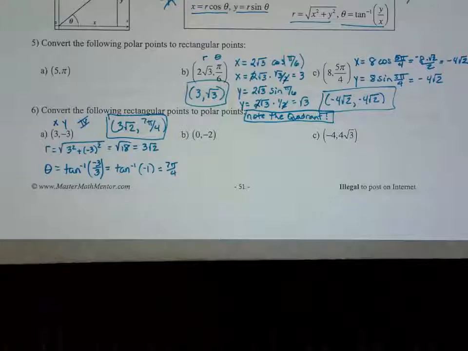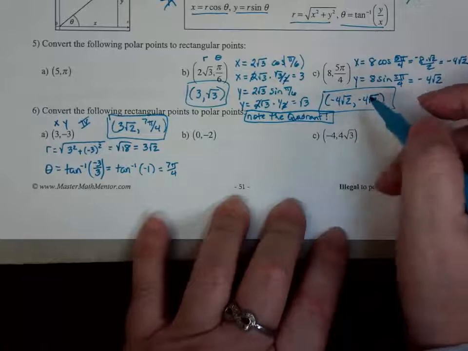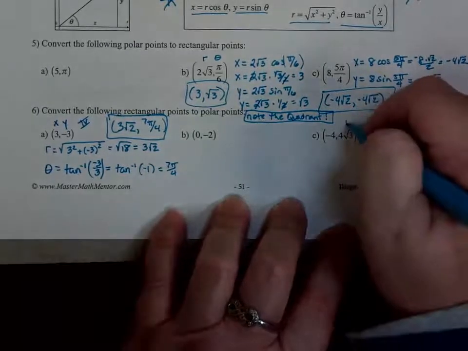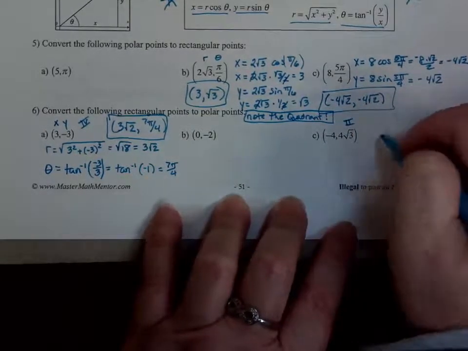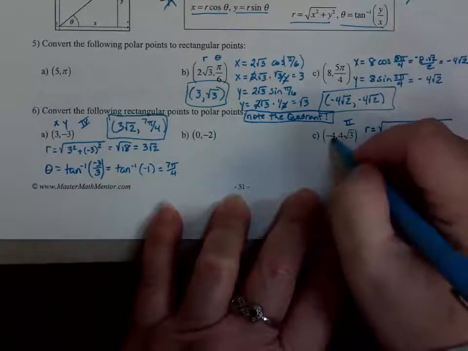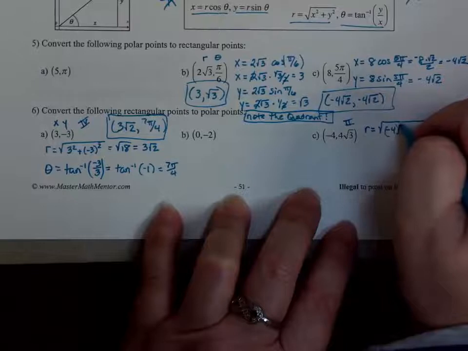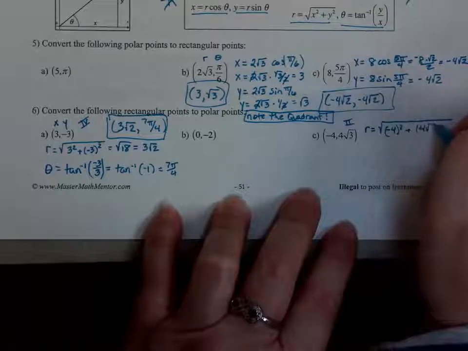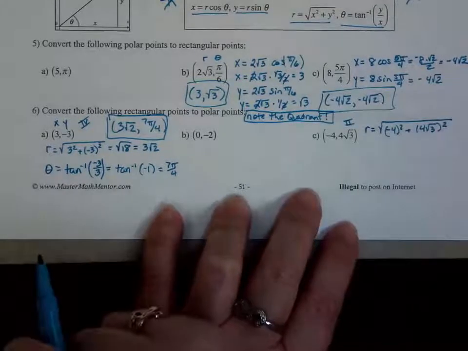Okay, we're going to go ahead and do C together, just in the interest of time. What quadrant is C in? This is quadrant 2. So R equals the square root of negative 4 squared plus 4 square roots of 3 squared. Now that's a little tricky.